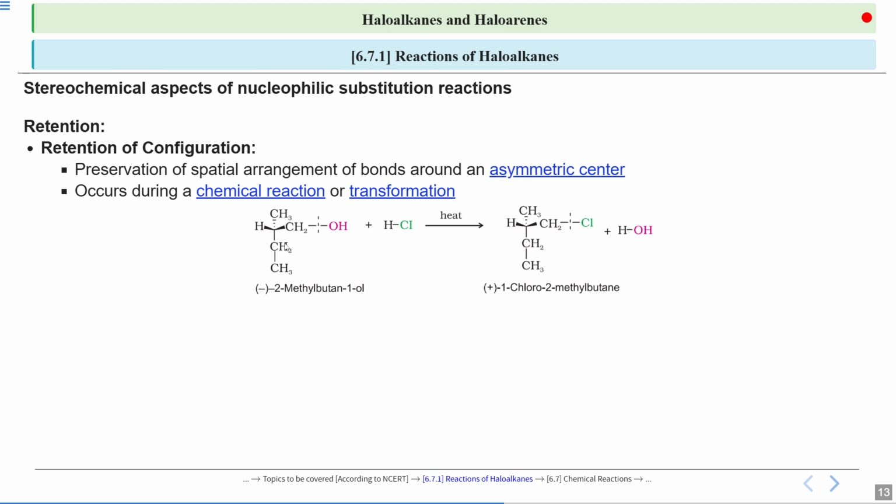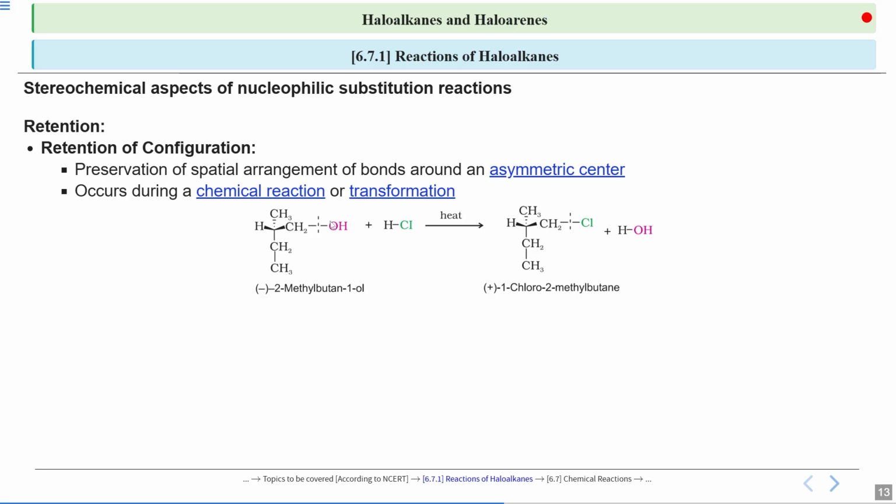So see, this is negative 2-methylbutan-1-ol. That means levorotatory 2-methylbutan-1-ol. So we have CH3, CH, CH2, OH, CH2, CH3. We have this chain where at the second position we have a methyl.